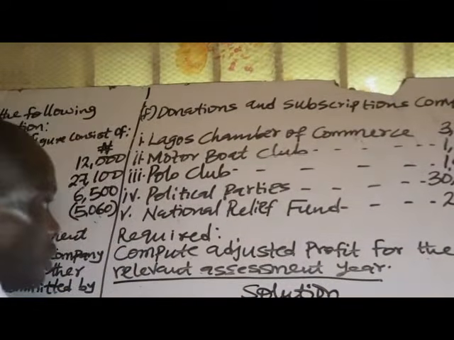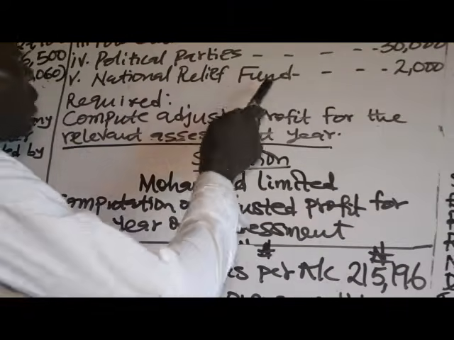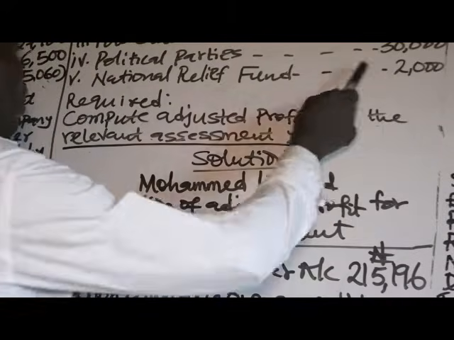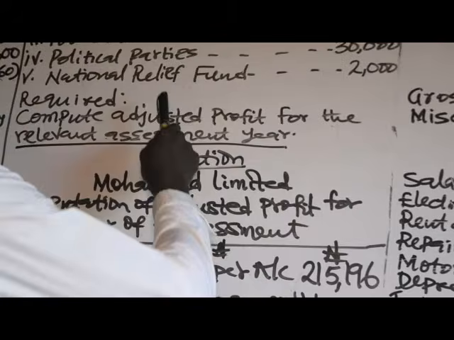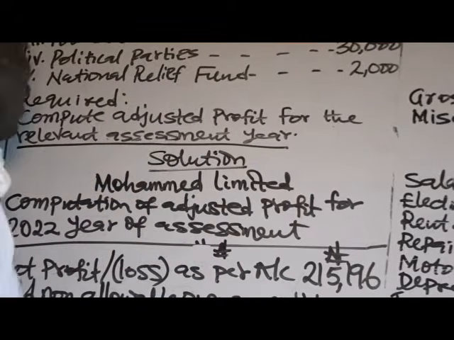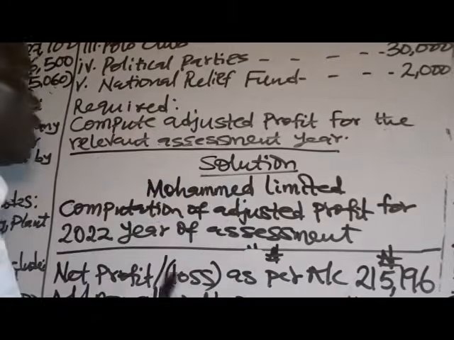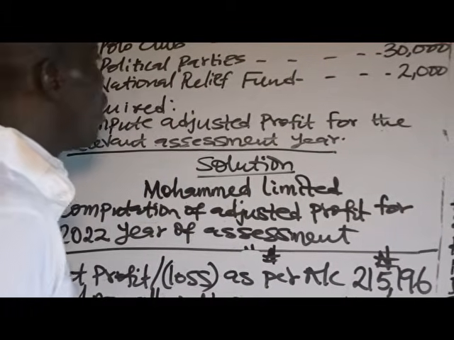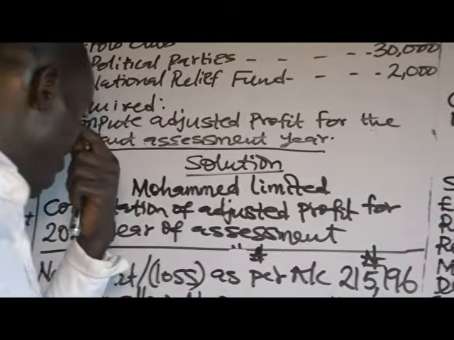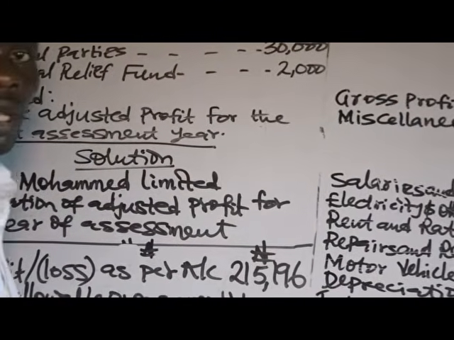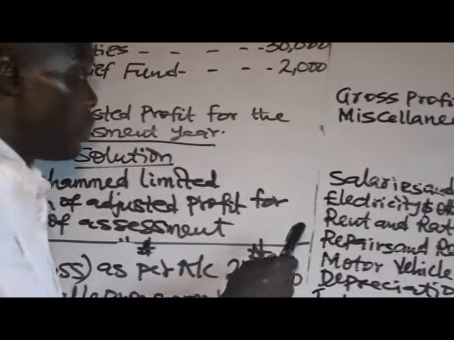Then we have National Relief Funds. That is allowable. National Relief Funds is one of the approved body upon which donation can be made. So that is an allowable expenses previously reported. Therefore, that should be ignored. Now, let's go through the income statement to see if there is any item reported in the income statement that is not allowable for tax purpose.